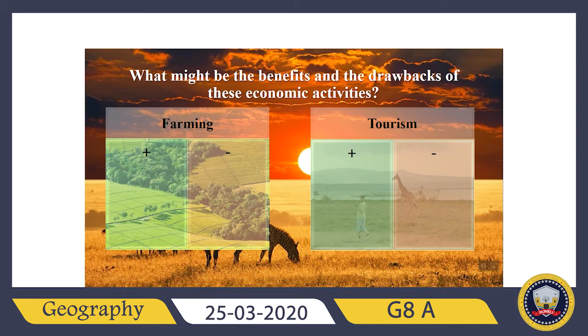So for example, what might be the benefits of farming? Of course, African soil is very fertile, and actually some people believe that you can just stick a dry branch into this soil and it gives root and starts growing and brings fruit.